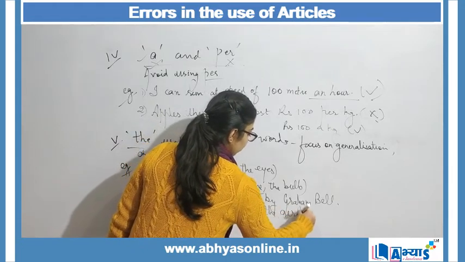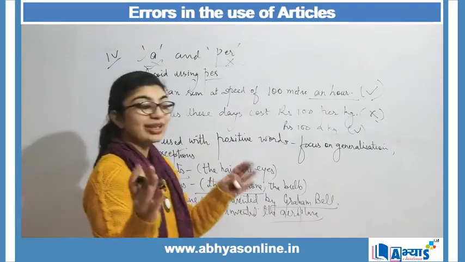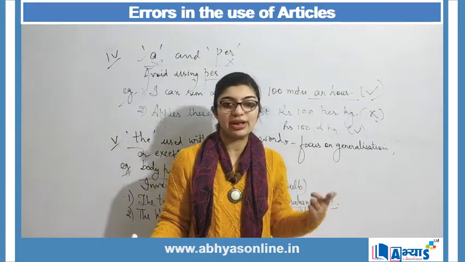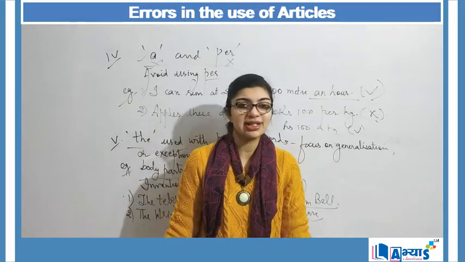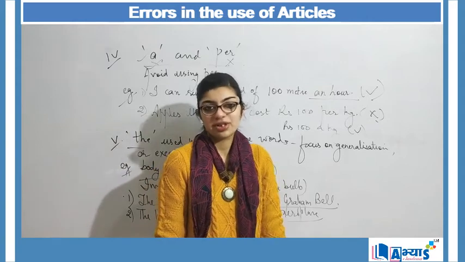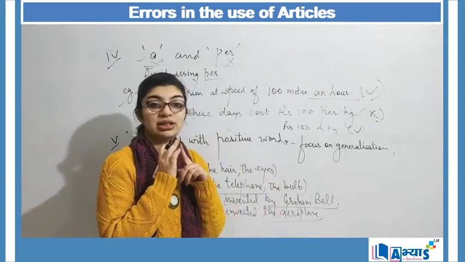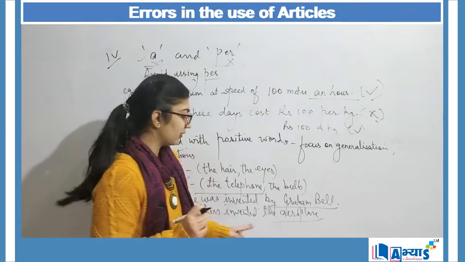Understood what I am trying to say? That when we are particularly focusing on the thing that was first invented. Now there are numerous telephones, right? Various varieties, various types, various editions of telephones. But the first is very important. And the first was invented by Graham Bell.